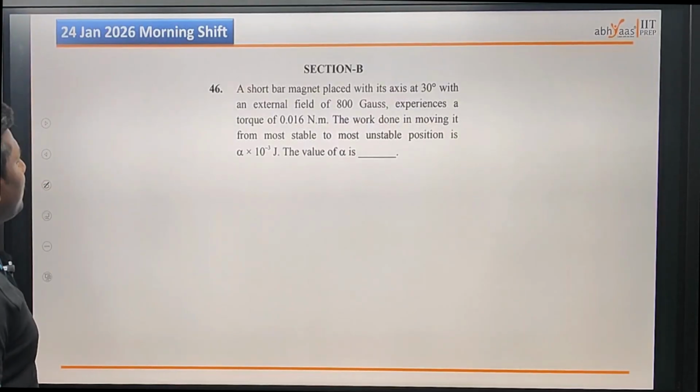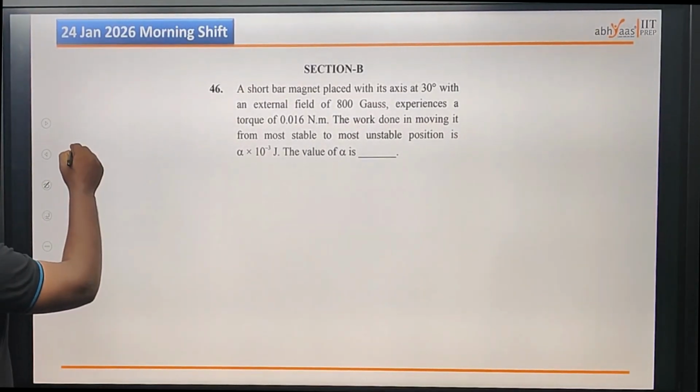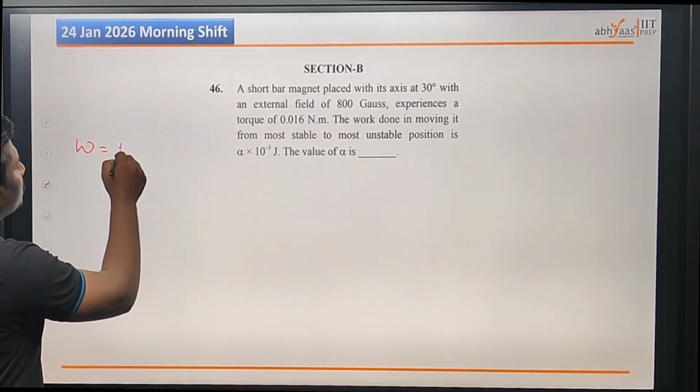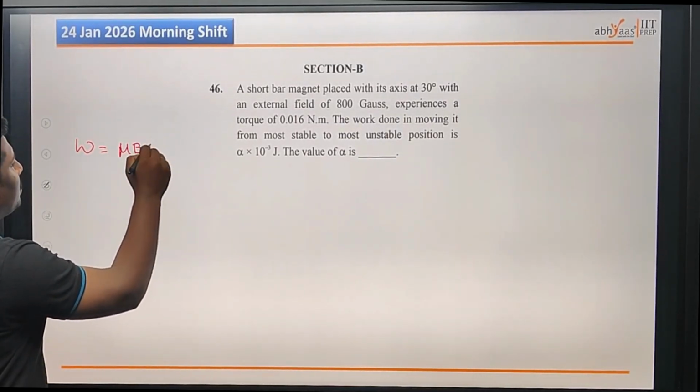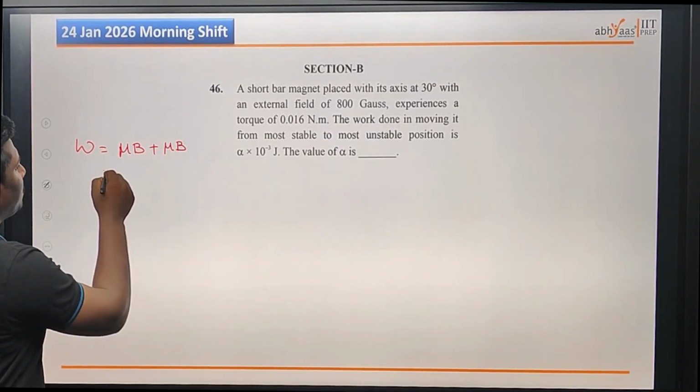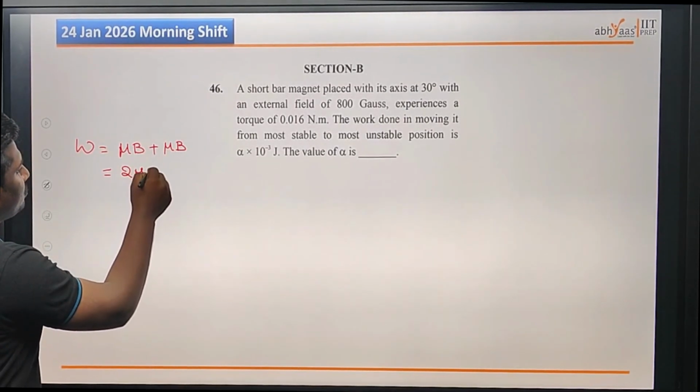So see here, we know that formula. Work done can be written as minus mu B minus of minus plus mu B, which is 2 mu B.